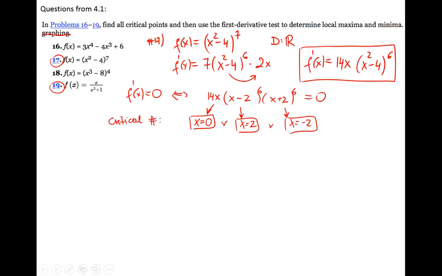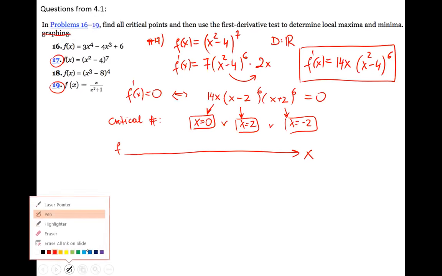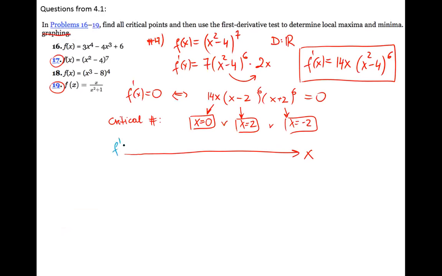Let's use that symbol. Okay, and that's what I said, we have to be really careful. I can't assume that for all of them I will have local extreme values. No, we have to test it. Now let's test. That's x, and I can possibly use a different color. I will test the first derivative.